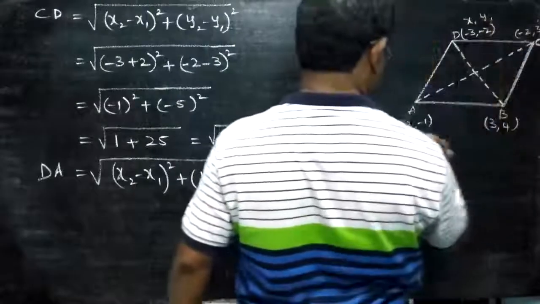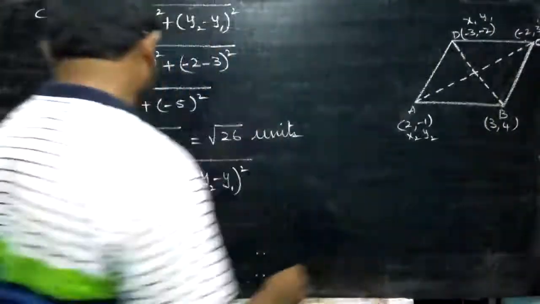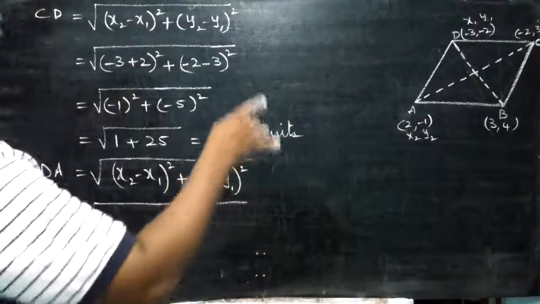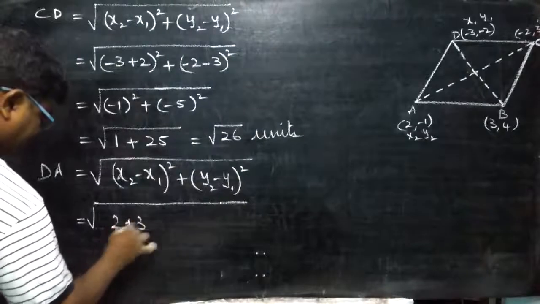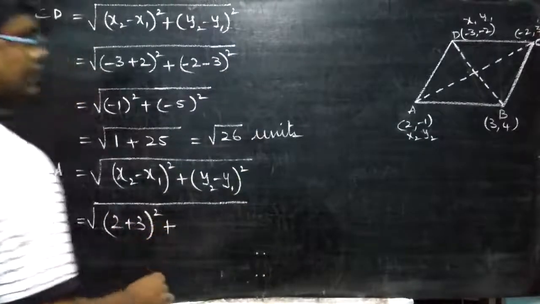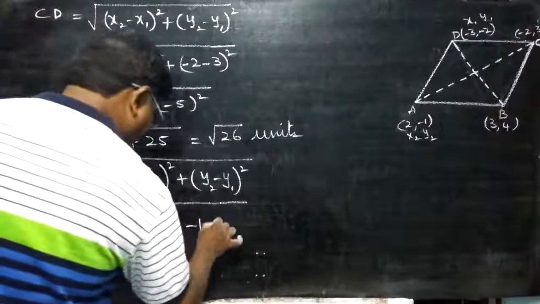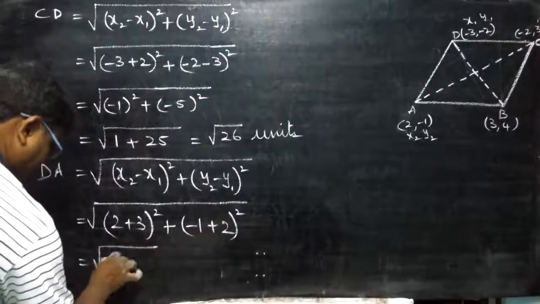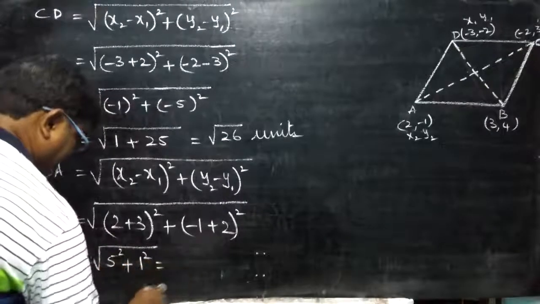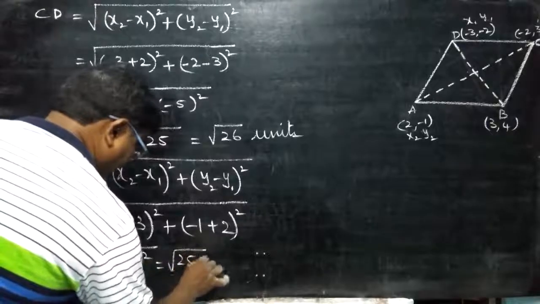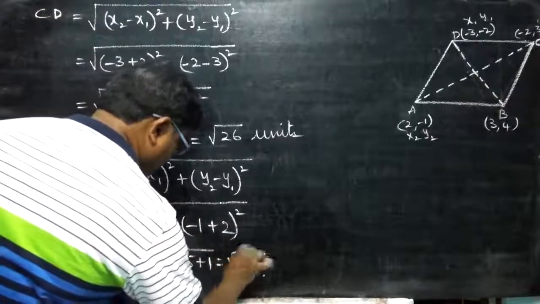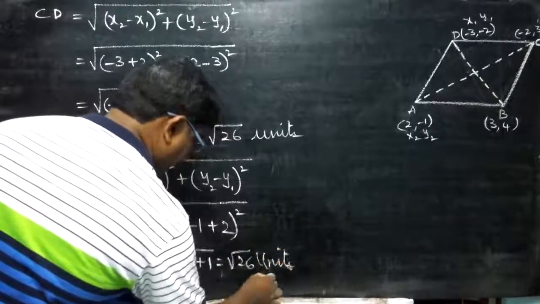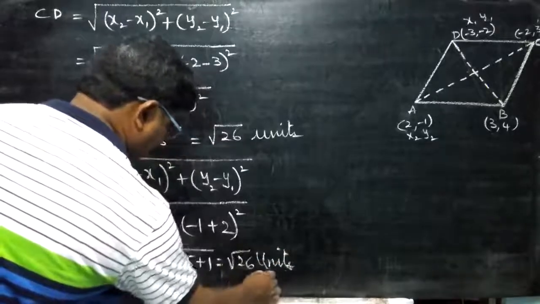That is equal to square root of (2 plus 3) whole square plus (-1 plus 2) whole square, that is equal to 2 plus 3, how much? 5. 5 square plus 1 square. 5 5s are 25, 1 1s are 1. That is equal to root 26 units. Root 26 units we got.